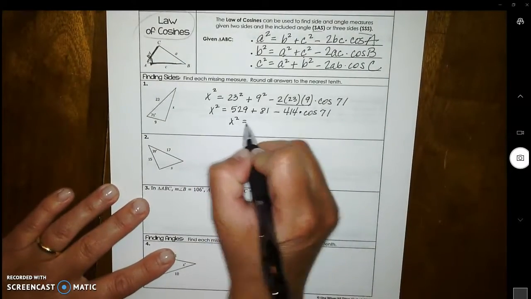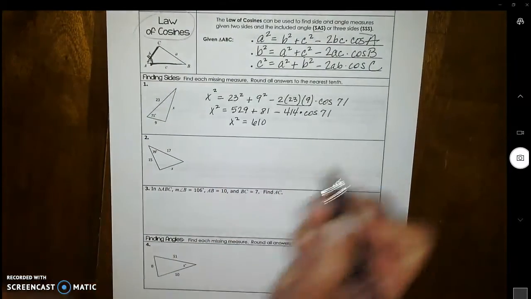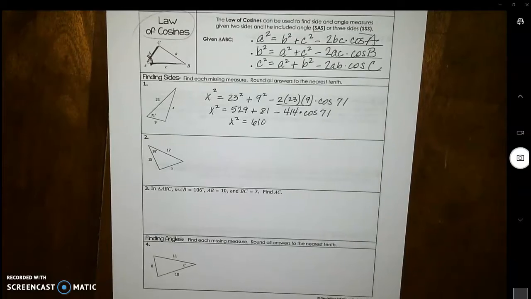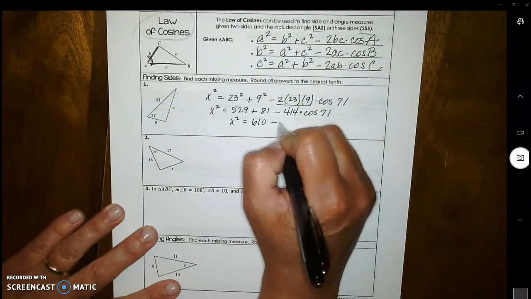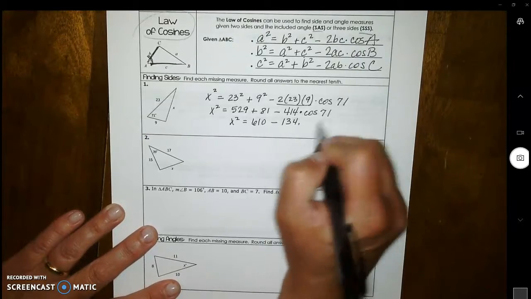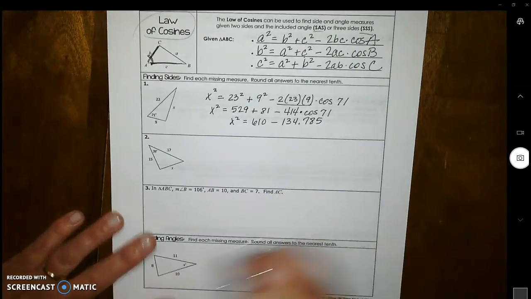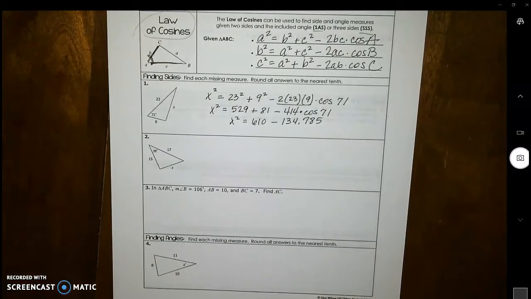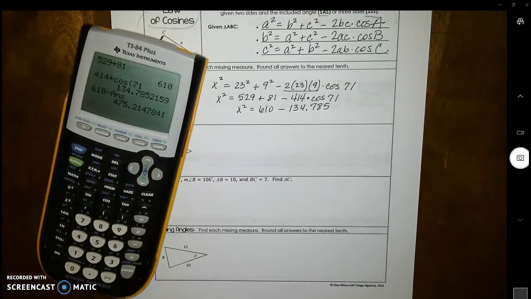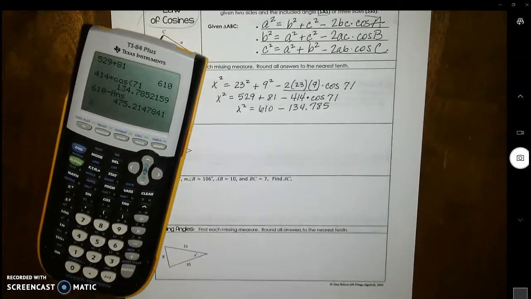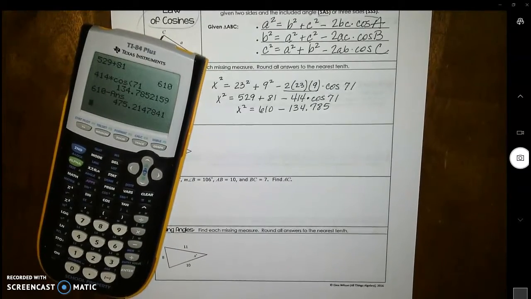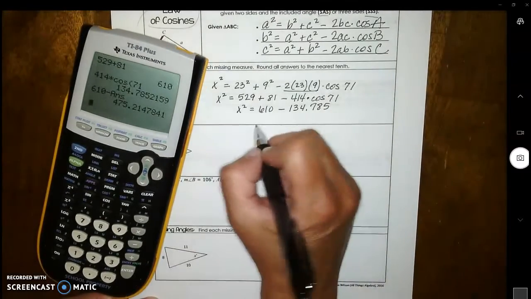I'm just doing a little bit of math, trying to get this figured out. 414 times the cosine of 71 degrees is going to be 134.785, it looks like. I just used the answer button on my calculator, so I didn't have to worry about rounding or any of that sort of thing.